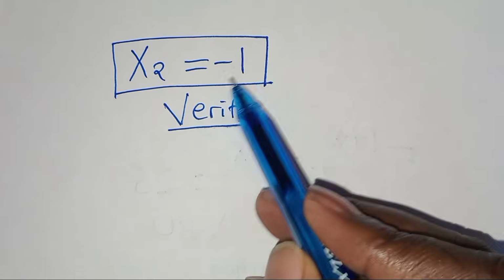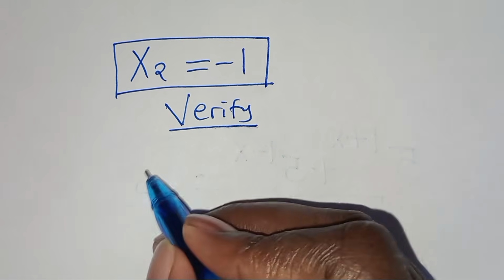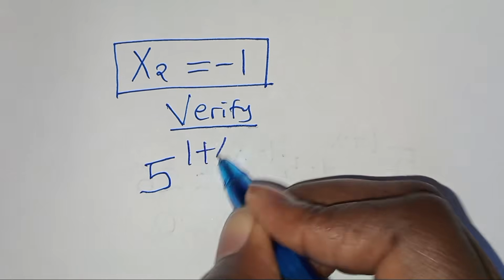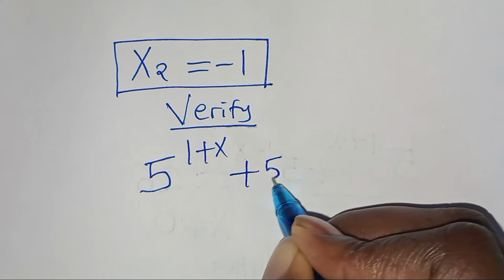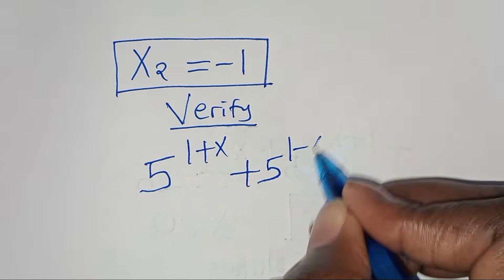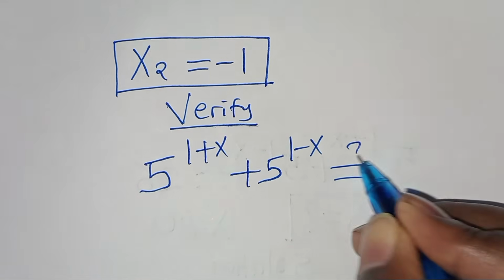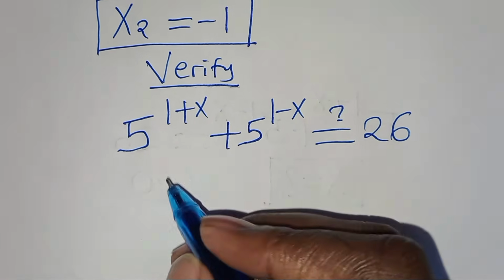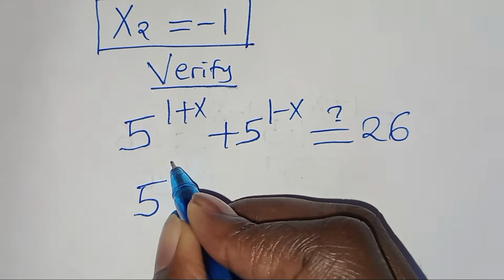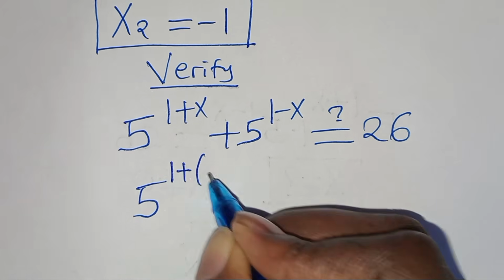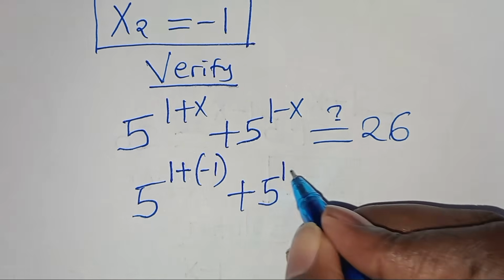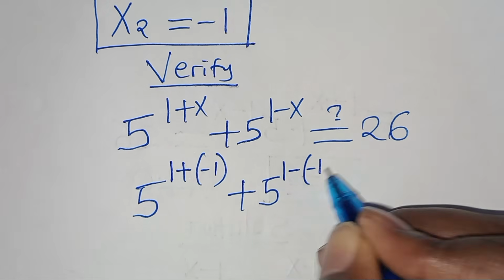Let's check x2, which is minus 1. Again, we have 5 to the power of 1 plus x, then plus 5 to the power of 1 minus x. This should give us a value of 26. So substituting x, here we have 5 raised to the power of 1 plus minus 1, then plus 5 to the power of 1 minus, in parentheses, minus 1.